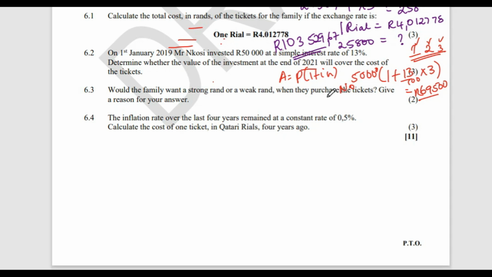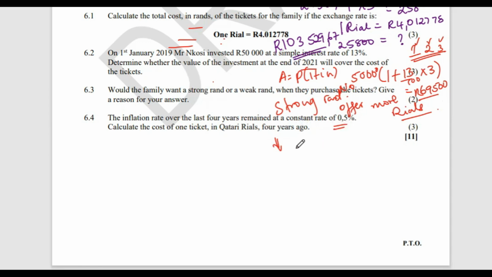So for people to gain more, they need the rand to strengthen, because when the rand becomes strong, it's gonna cost you less to purchase 1 rail. So we're gonna say a strong rand. Okay, because a strong rand will offer you more rails.